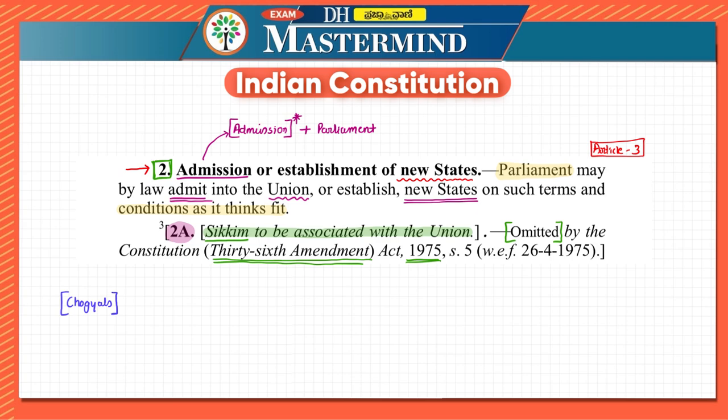Now when India became independent in 1947, the princely states had three options. I hope you have seen that in modern India, but we will tell it here again. First, they could be part of India, or they could be part of Pakistan, or they could be independent.